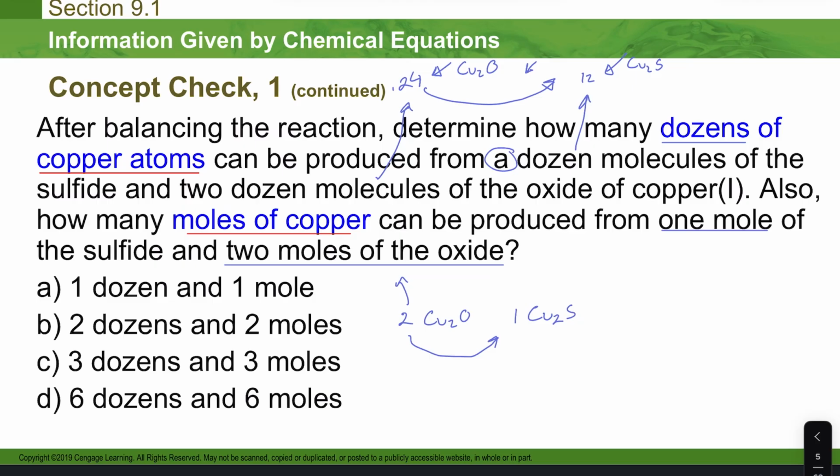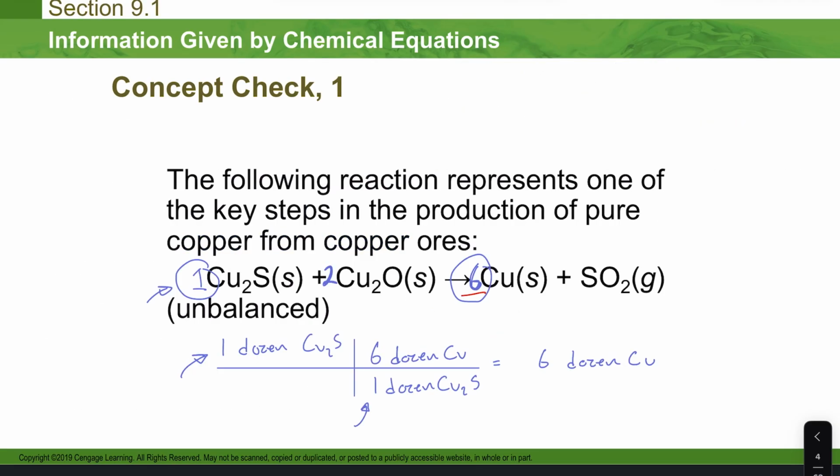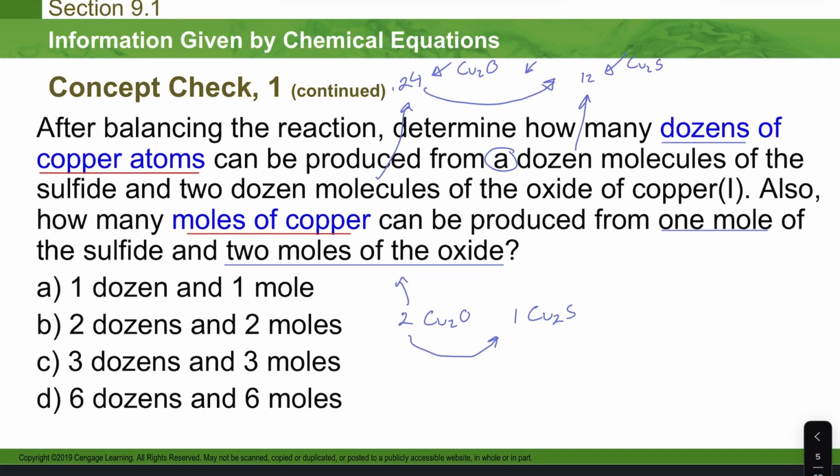And so we can answer this just like this. So it doesn't matter if we start with one or the other, because in order to get 6 dozen Cu, we will need 1 dozen Cu2S.